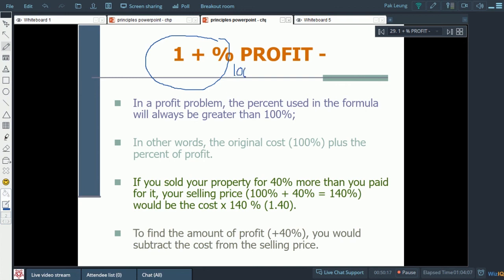Profit and loss. Whenever you have more than one, remember one is 100%. So if you have more than 100%, that means you make money.